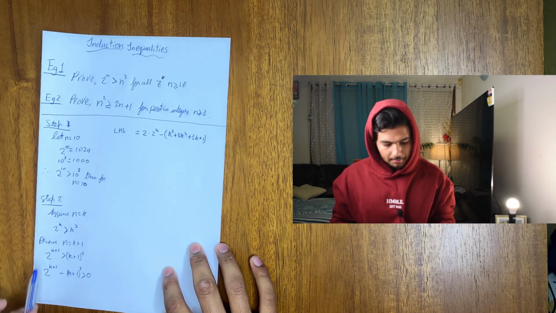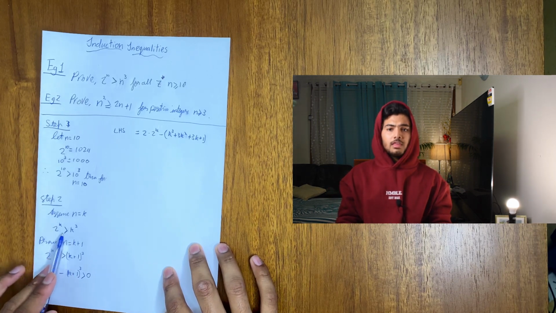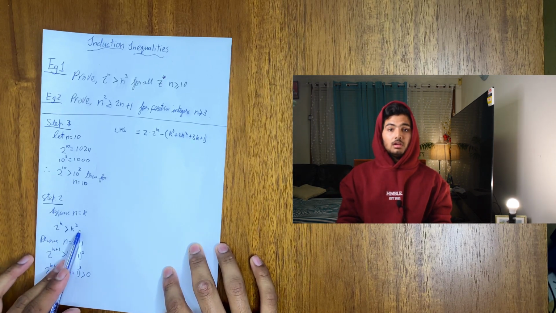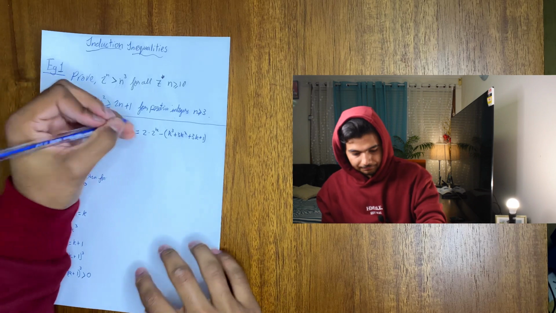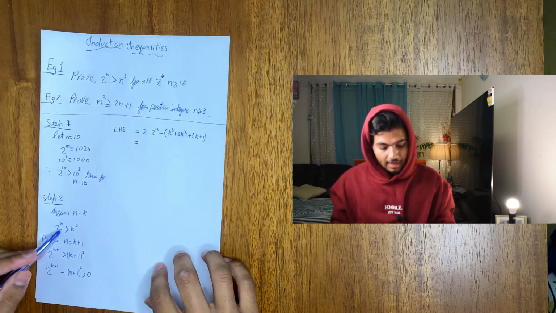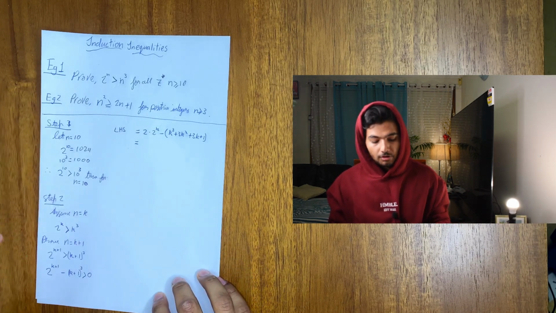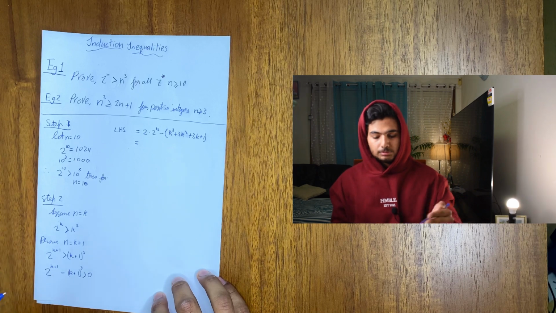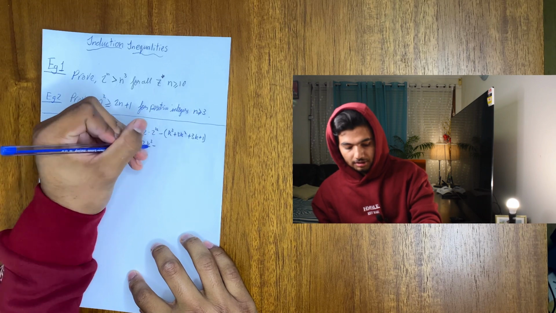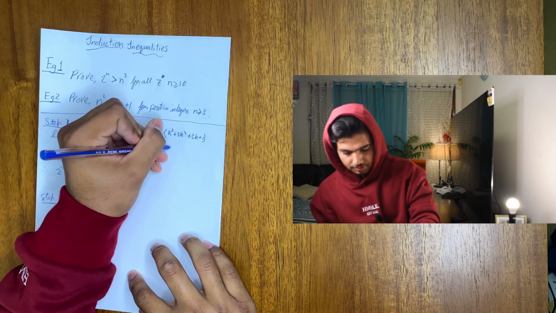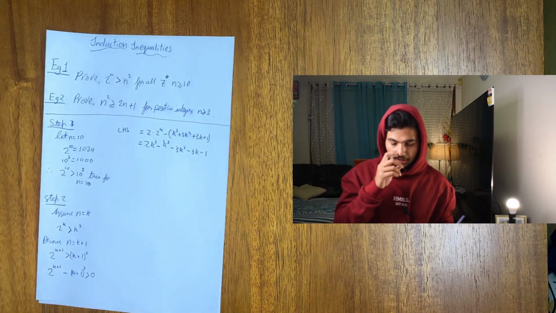But coming back to the hypothesis that we created, 2 to the power of k is greater than k cubed, how can we replace this over here? If it's greater than that, we can substitute k cubed for 2 to the k, because if something's greater, we can always bring in something lower than that. So we can then have 2k cubed minus k cubed minus 3k squared minus 3k minus 1.